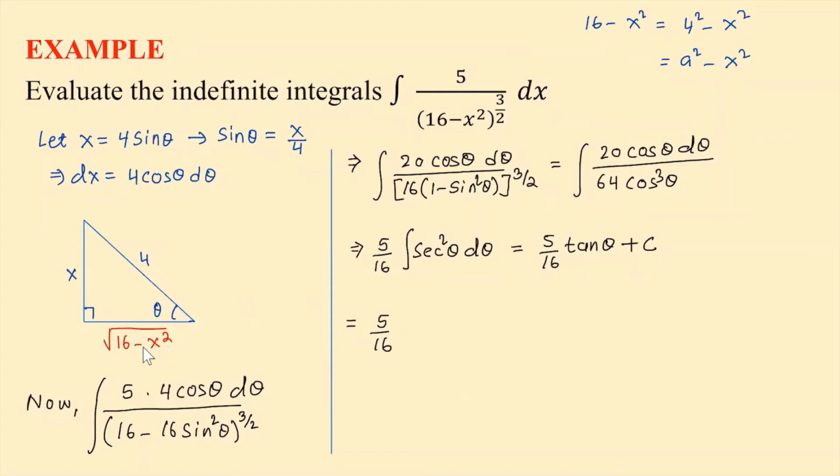So it will be x over the square root of 16 minus x squared plus c, which can be written as, in the numerator 5x, and in the denominator 16 times the square root of 16 minus x squared, plus c. So that is the result of this integration.